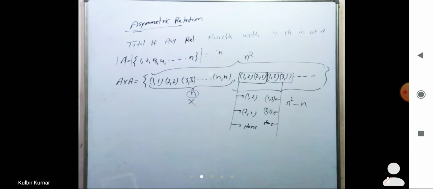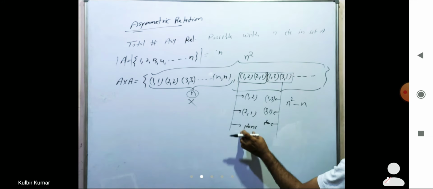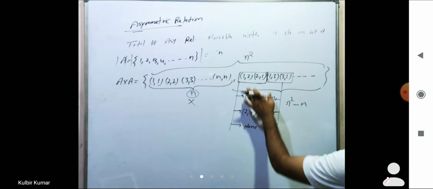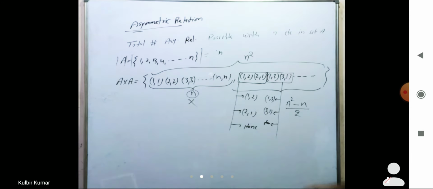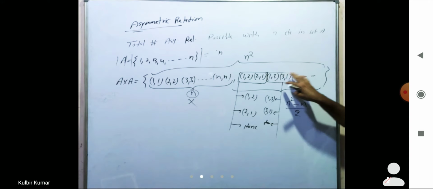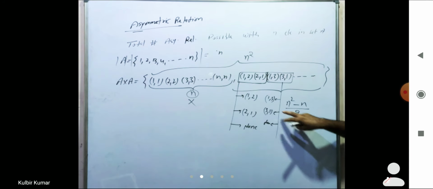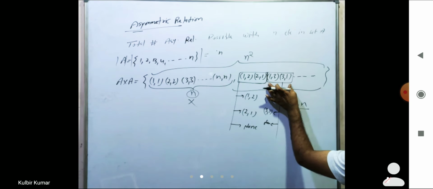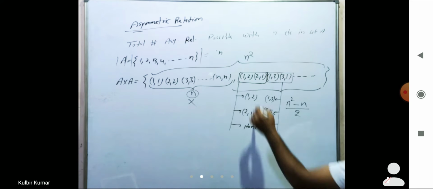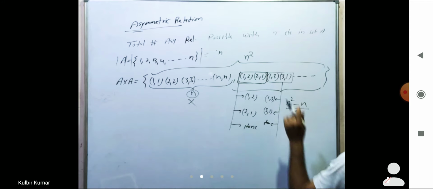So finally I will have to take half of these, and each ordered pair combination has three choices.